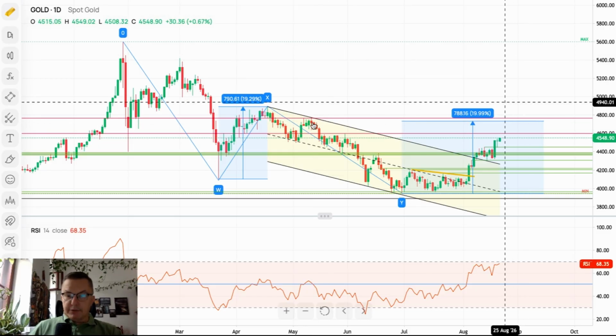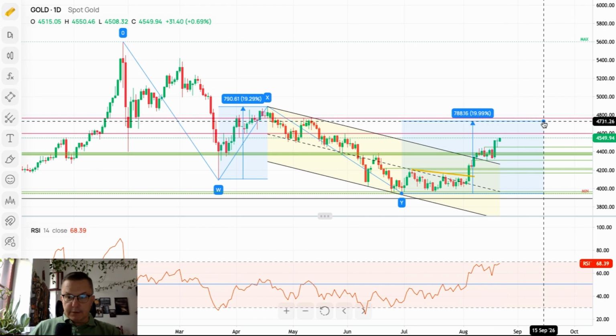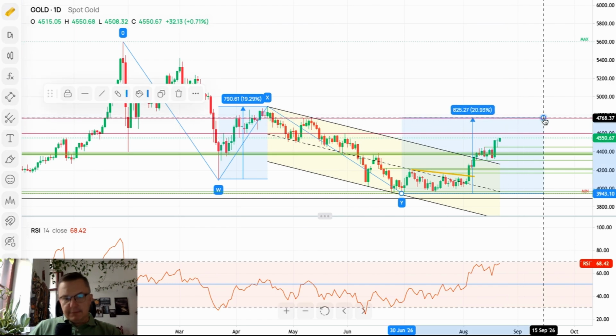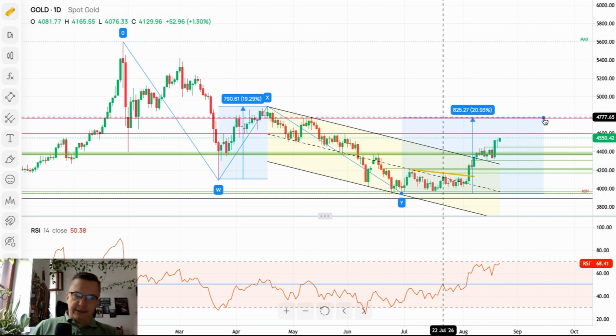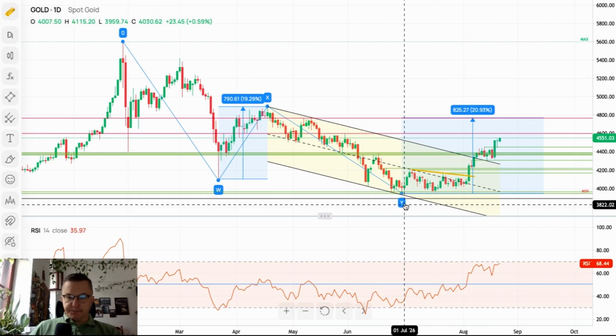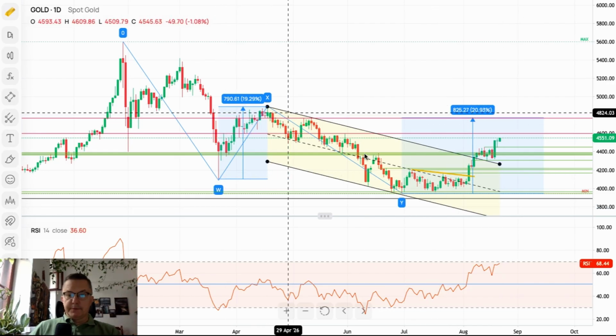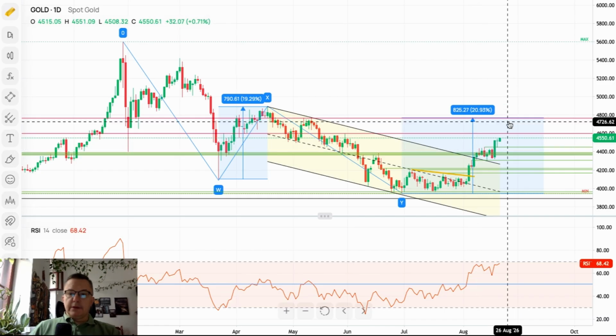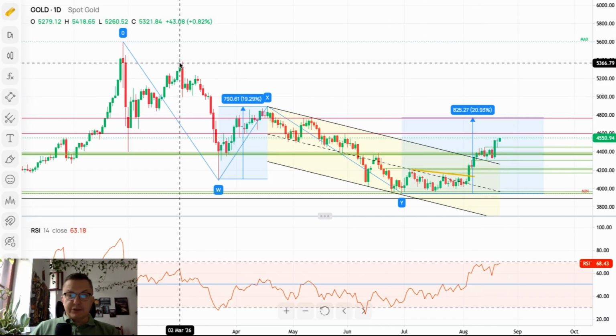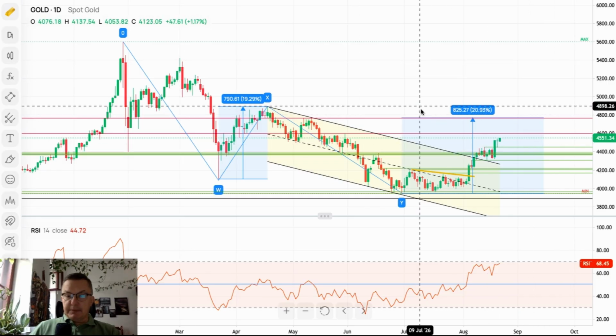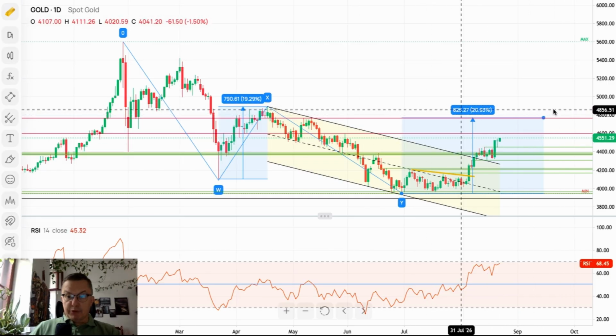If we break above this level, then one-to-one corrections are invalidated. Yeah, let's say 1% here and there, no problem. But if we break above this level, the 100% expansion is invalidated, and the next target is straight on 5,418. So please keep an eye on this very, very important level here.